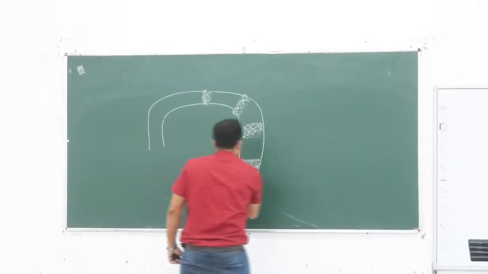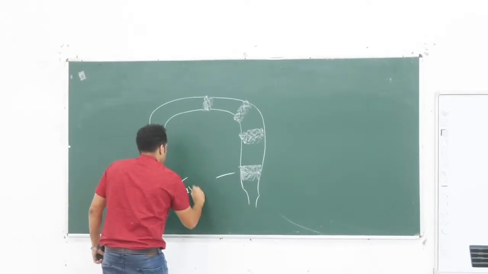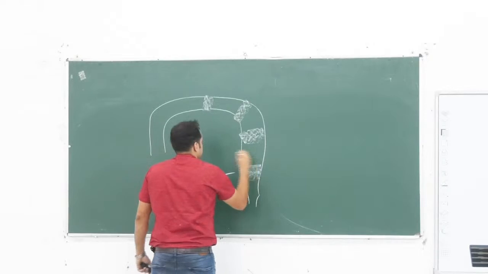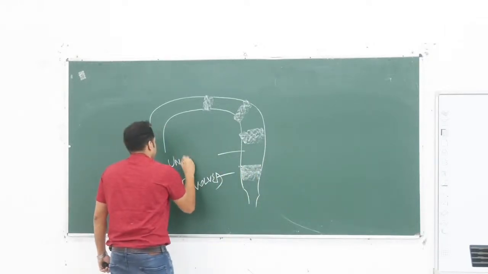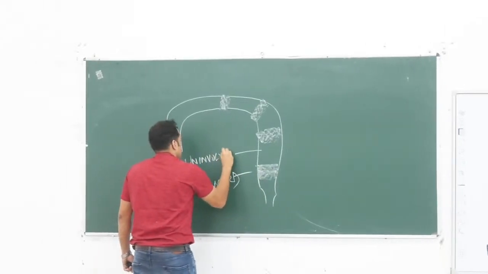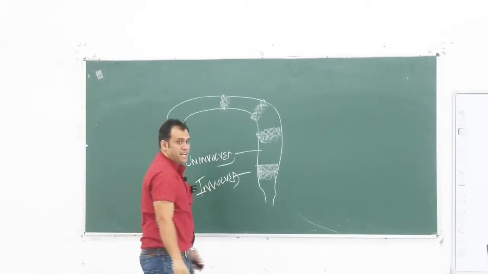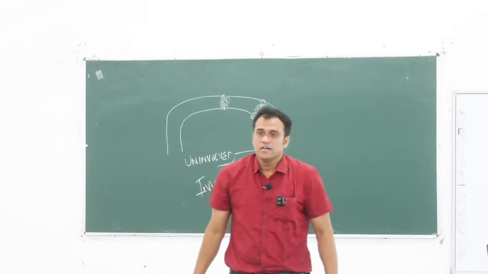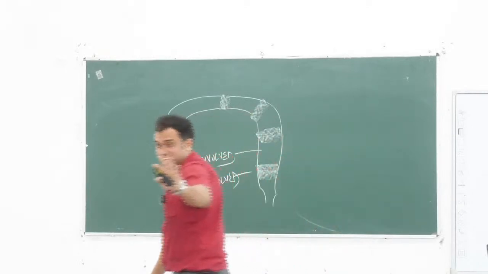So this is the involved area, and this is the uninvolved area. So this is known as a skip lesion.